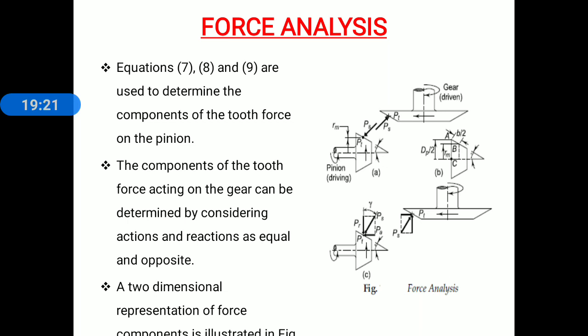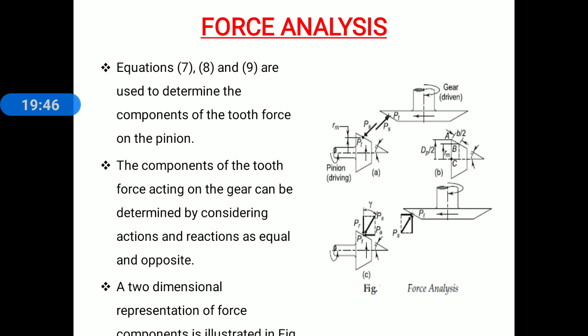Now observe the pinion's direction of rotation. The tangential component for the driver is opposite to the direction of rotation, and for the driven it is in the same direction as rotation. And the separating component acts on both pinion and gear.